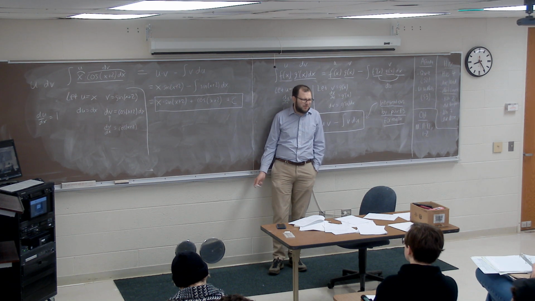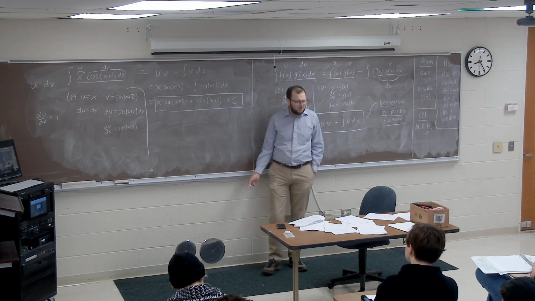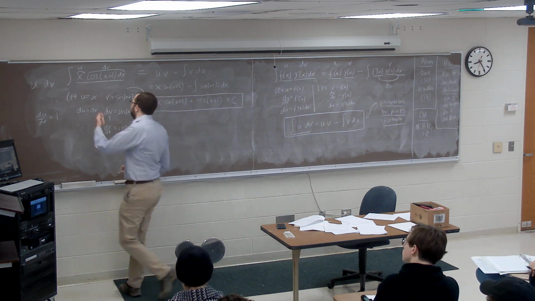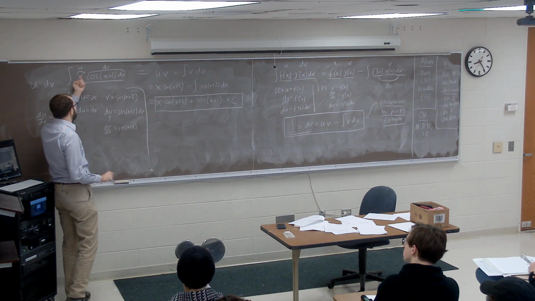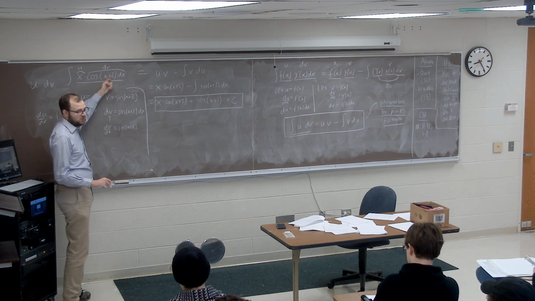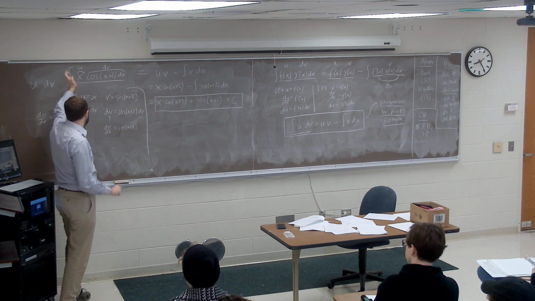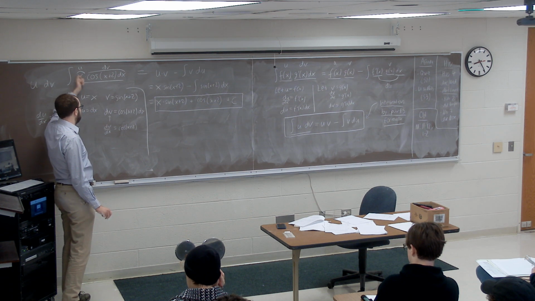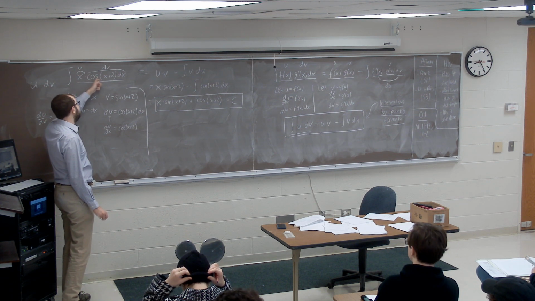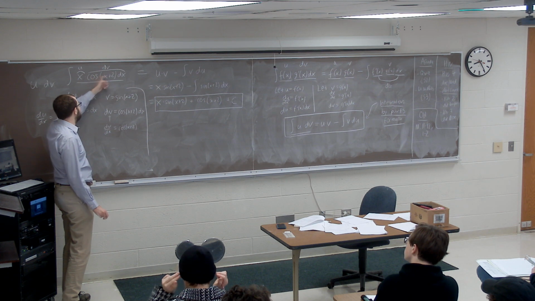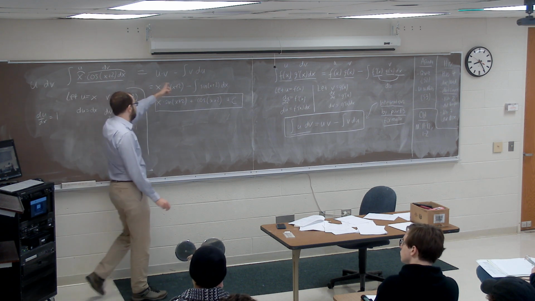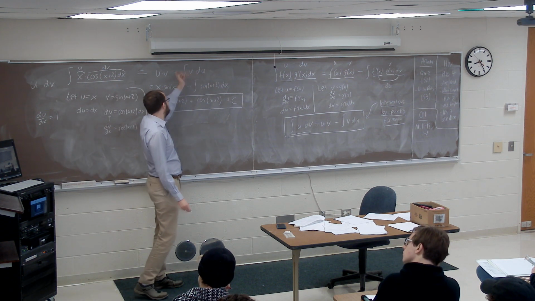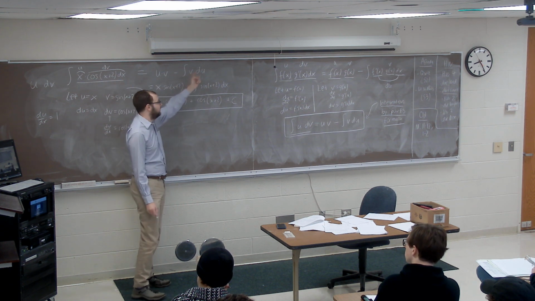So what on earth did we do here? We started with an integral that we could write as a product of two different terms, an x term and a cosine of x plus 2 term. What we ultimately did is we differentiated one of these terms, the x, and we integrated the other term, the cosine of x plus 2 term, to go from an integral of u dv to an integral of v du.